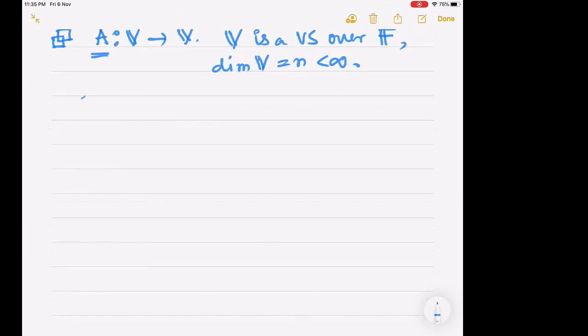Define this set of polynomials f(s) in F[s] such that f(A), that is the polynomial operator, is the zero operator.